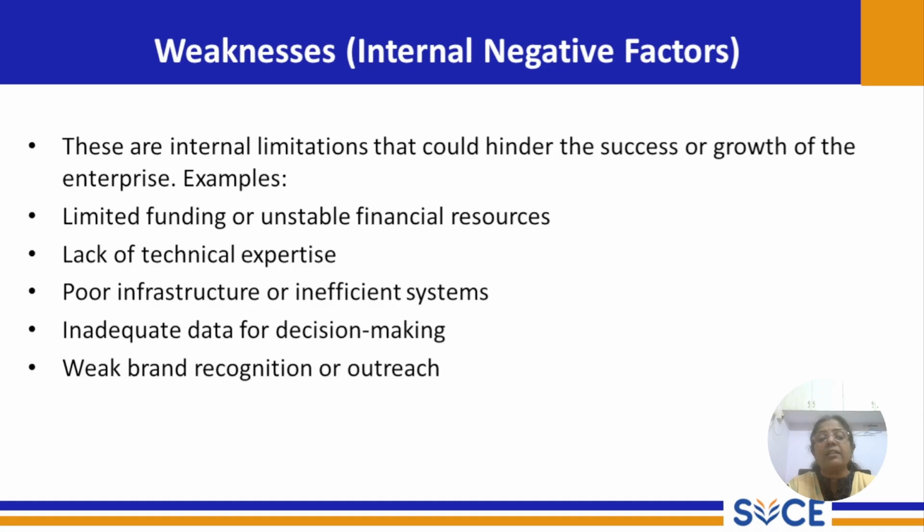Weaknesses, that is, internal negative factors. These are internal limitations that could hinder the success or growth of the enterprise. Examples: limited funding or unstable financial resources, lack of technical expertise, poor infrastructure or inefficient systems, inadequate data for decision making, weak brand recognition or outreach.